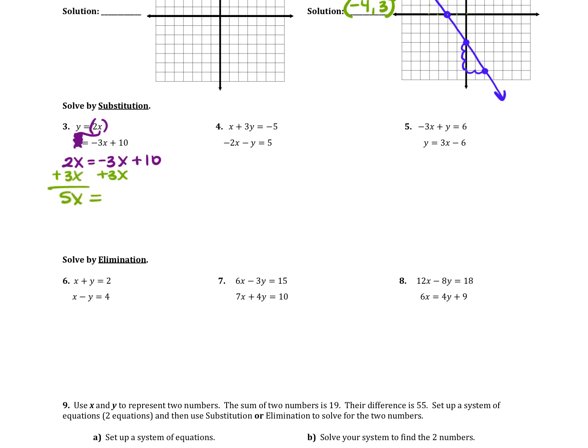Bring down your equal sign. This is 0, but we still have a 10 here. And then you're going to divide by 5. So x is 2. Okay, so that's half of your answer. But now we have to figure out what y is. So we're going to take that 2 and plug it into one of our equations up here.